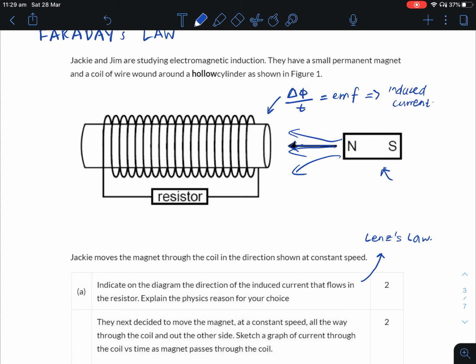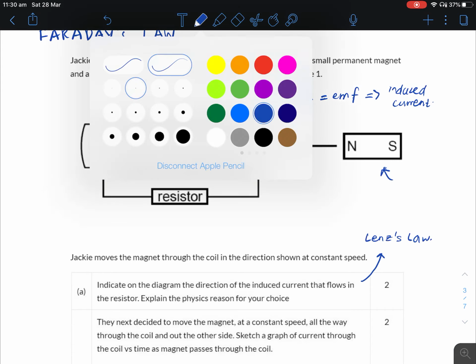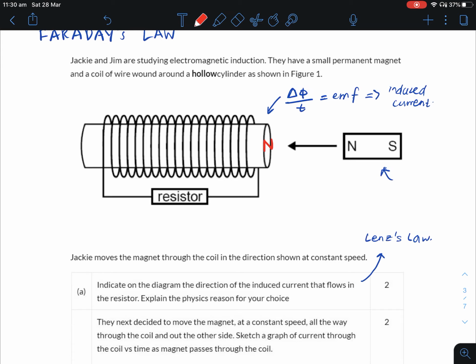And so it's going to create flux like this to oppose. Yeah, you see how those arrows are opposing each other? It's going to oppose this north pole coming in. And so really it's going to create its own north pole, which I'm going to draw in red over here, to repel.